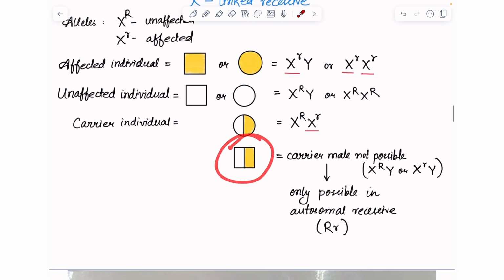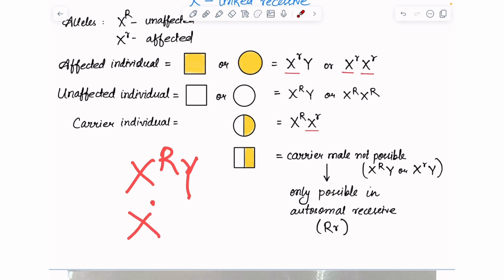However, a carrier male is not possible. Because a male can either be X^R Y, and this would be unaffected, or X^r Y, and this would be affected. No other conditions are possible. Carrier males are only possible in autosomal recessive.